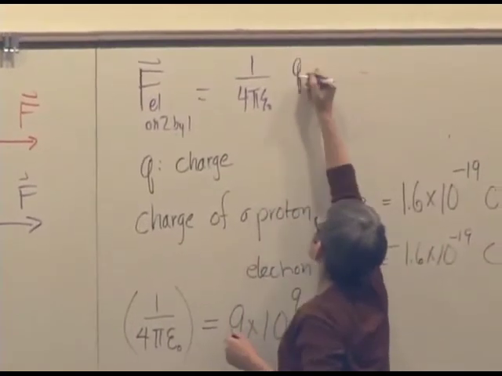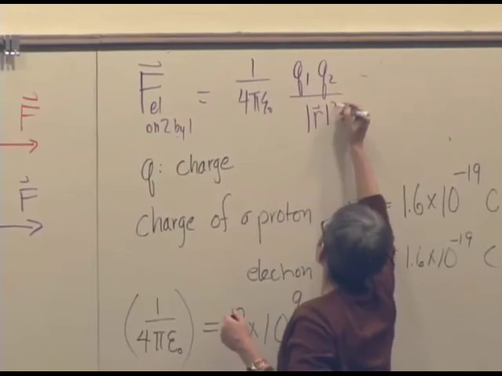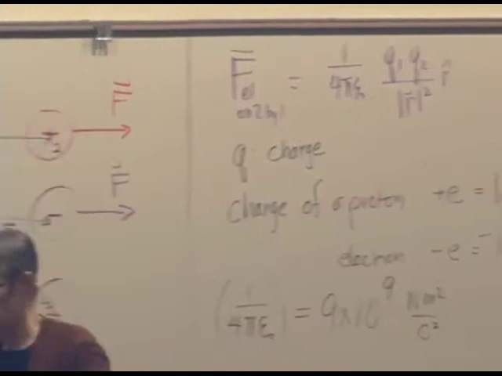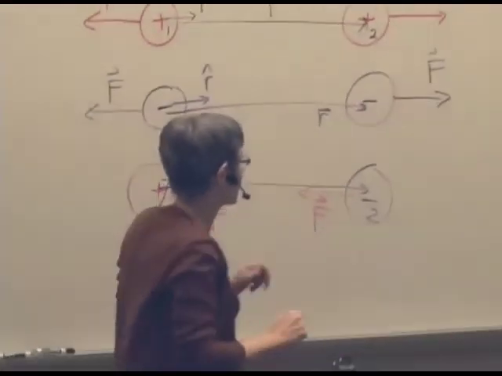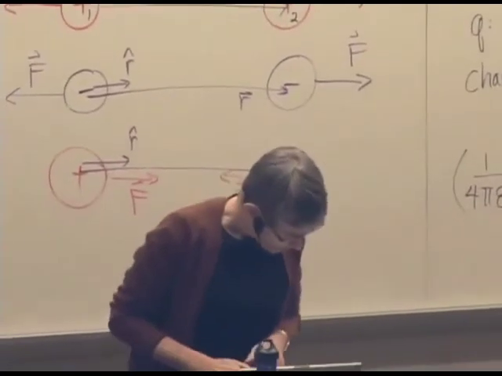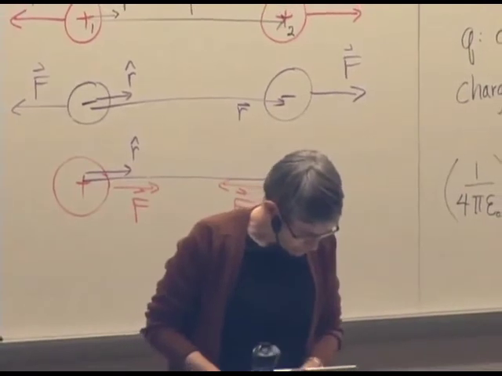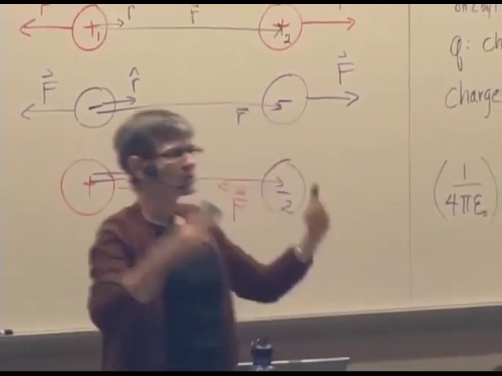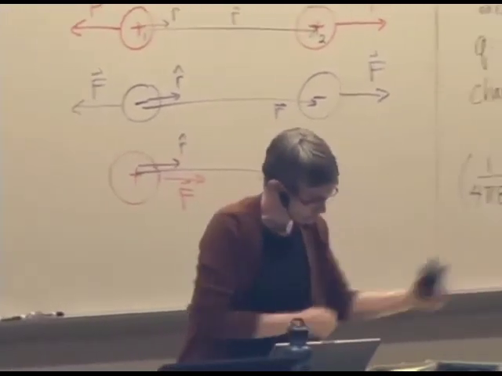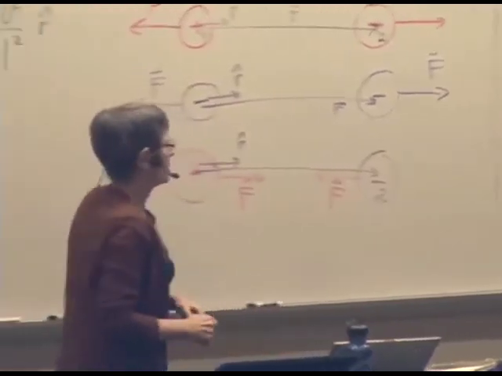Times the charge of object 1 times the charge of object 2 over the magnitude of r squared times r hat, with the same definitions of r and r hat. So both attractive and repulsive forces just fall out of this equation fairly naturally.